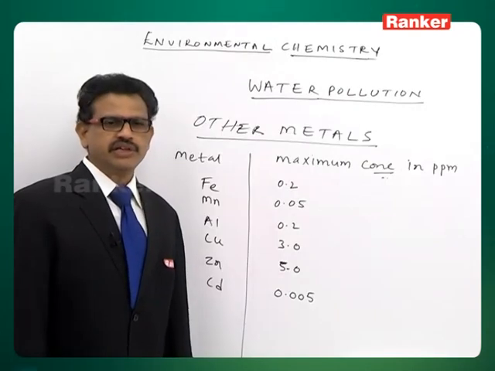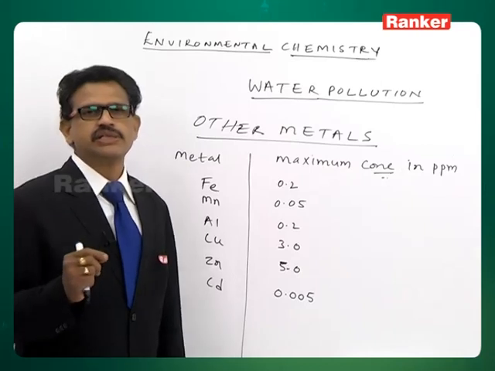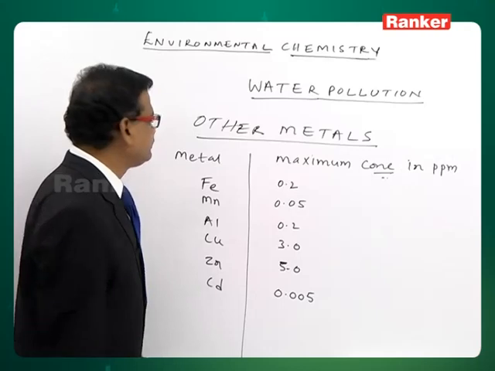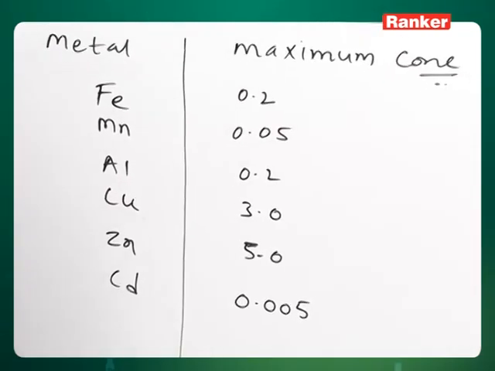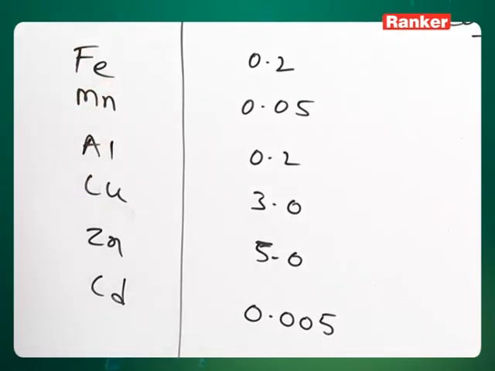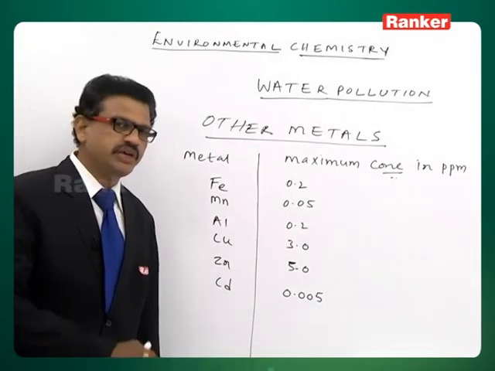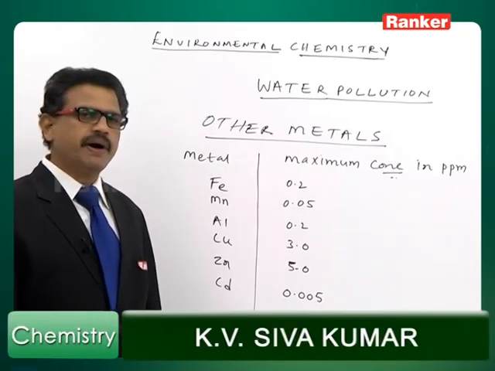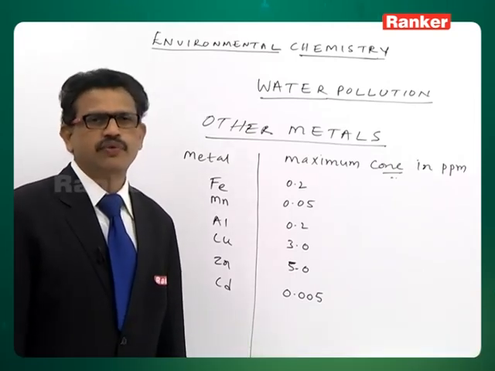Next, other metals. You can observe the maximum concentration of some common metals recommended in the drinking water by the international standards. Iron, the limit is 0.2 parts per million; manganese, 0.05 ppm; aluminium, 0.2; copper, the upper limit is 3 parts per million; zinc, 5 parts per million; and finally cadmium, it should be only 0.005.